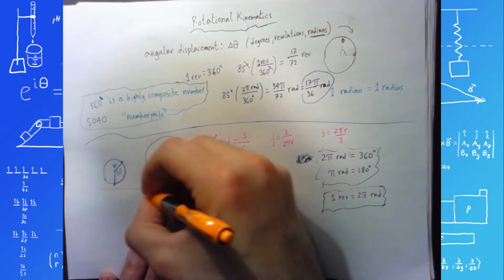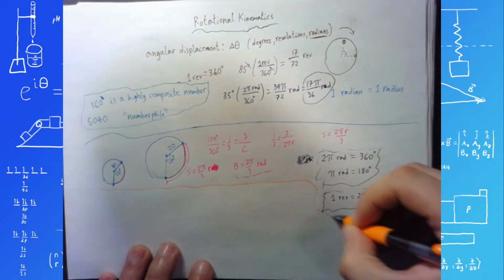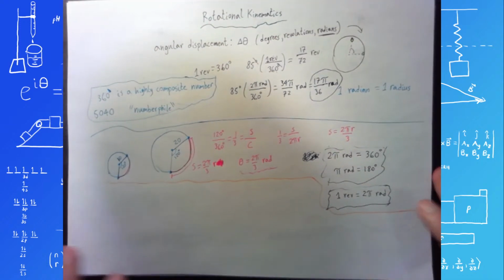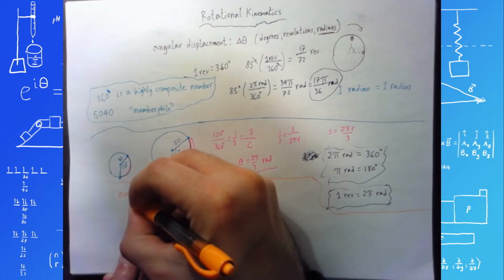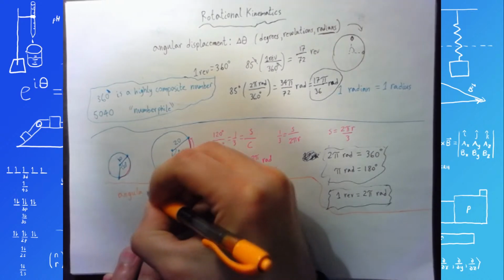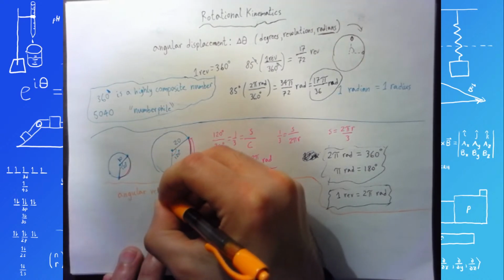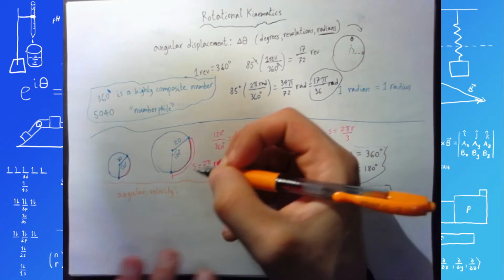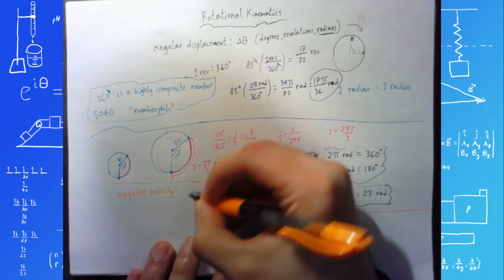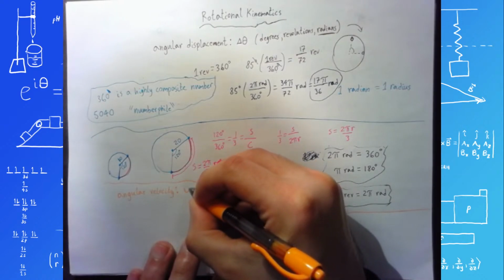So now that we have that out of the way, let's talk about angular velocity. Angular velocity is represented with the Greek letter omega.